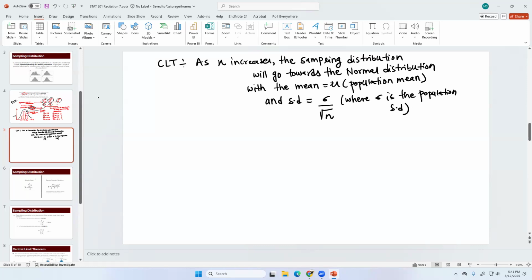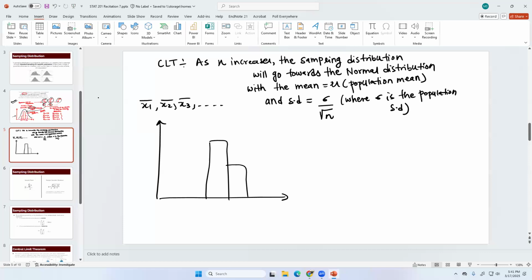What I mean by this is the x1 bar, x2 bar, x3 bar, and so on that you collect from different samples. When you plot its histogram, when you plot its distribution, it's going to be a normal distribution, with the mean centered at mu and a standard deviation of sigma over square root of n.